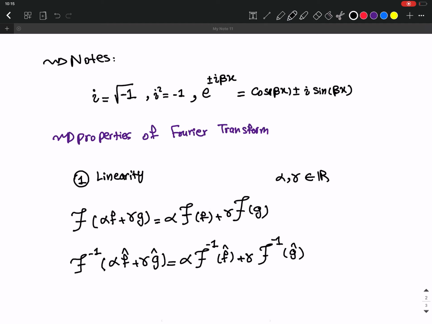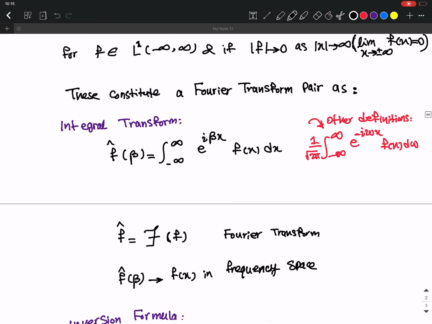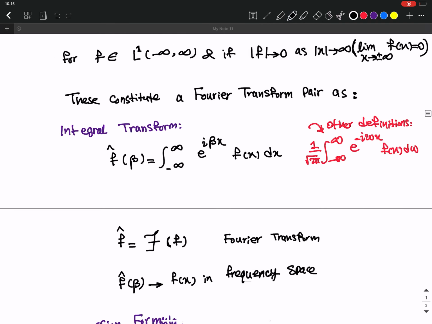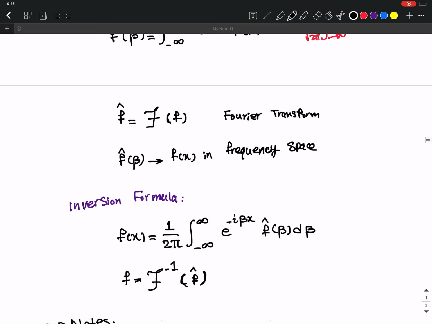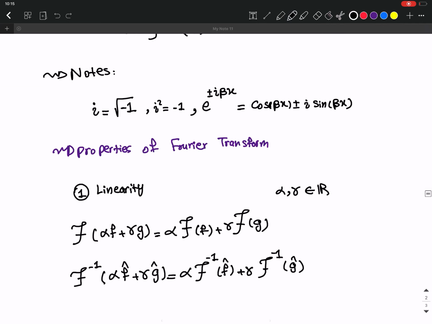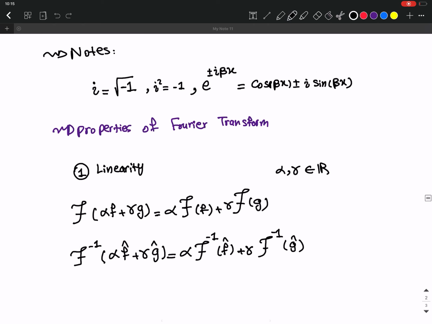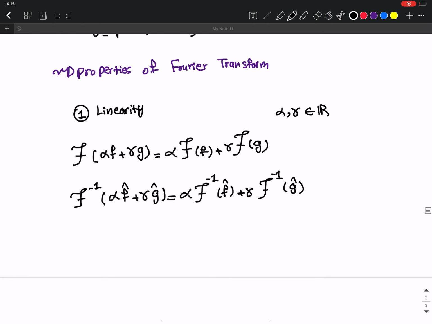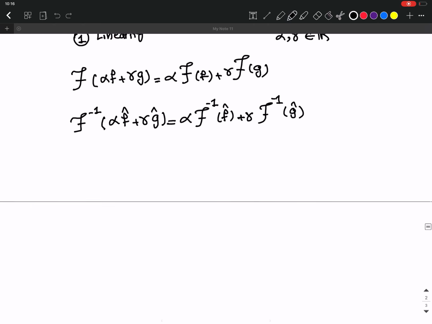Okay, so this is the linearity property, and you can simply prove that by just putting these into the definitions here and here. So they have a very simple proof. You just substitute them into the definitions and you are going to get this linearity property of Fourier transforms.